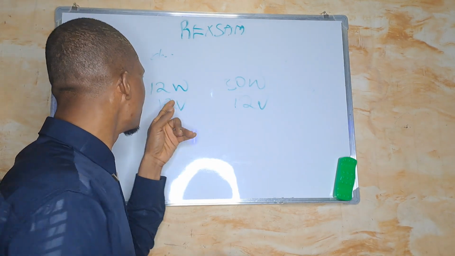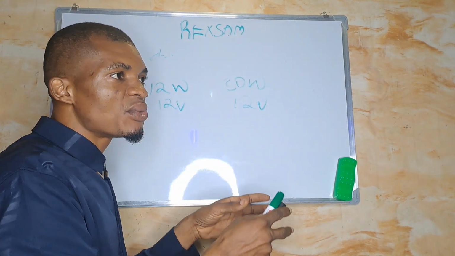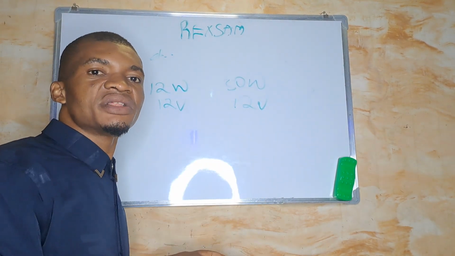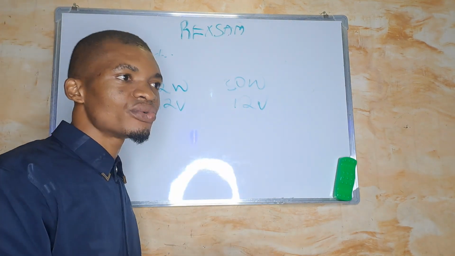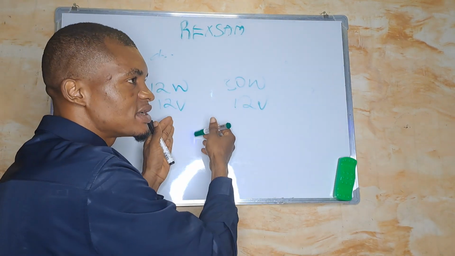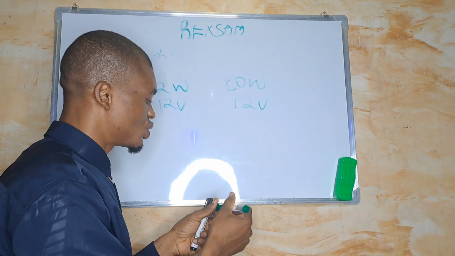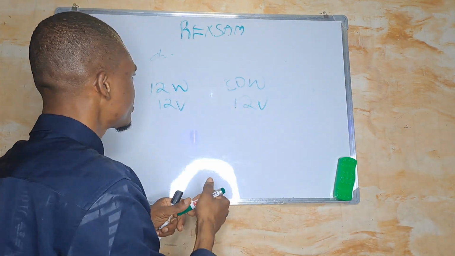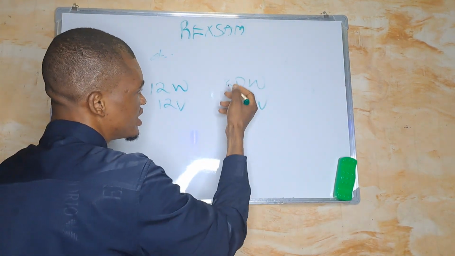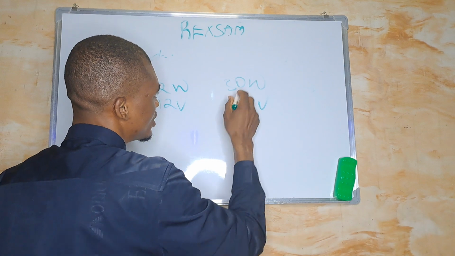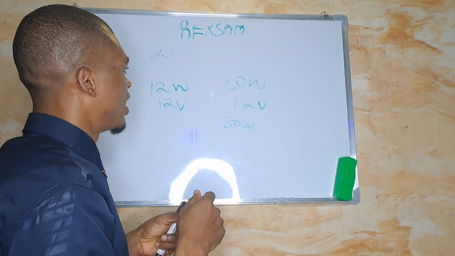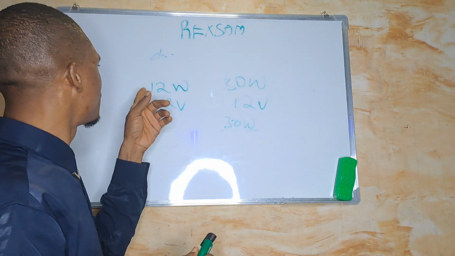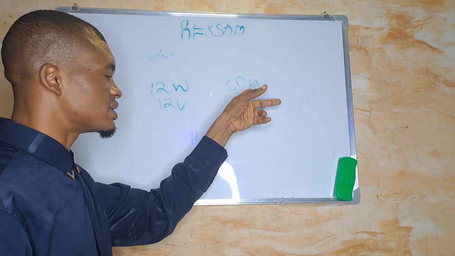If you eventually combine this, the system will definitely not give you what you need because you are not following the rules or the principles that guide these connections. So for us to generate, let's say we need 30 watts of energy, and we have 12 and we have 30.